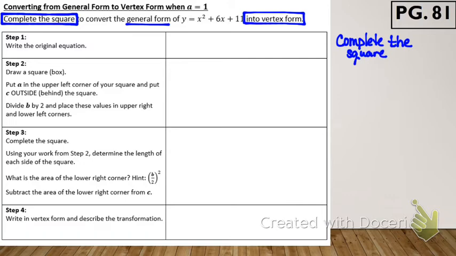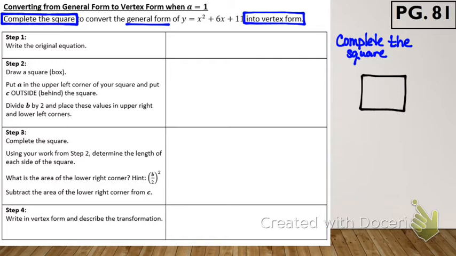When we complete the square, I'm going to use an area model that's really similar to when we factor. But when we factor and I draw my area model, I draw my box, I just draw a rectangle and it doesn't really matter what shape it is. This one is specifically a square.